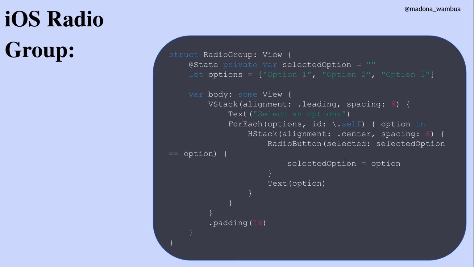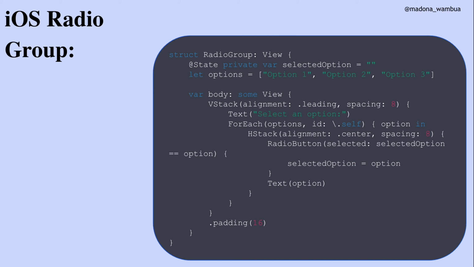I figured that the idea must have been borrowed from there. But as you can see here they have this struct, and in SwiftUI, the radio button component is not available out of the box. So the code includes a custom implementation, and the selected option variable is used to keep track of the currently selected option.